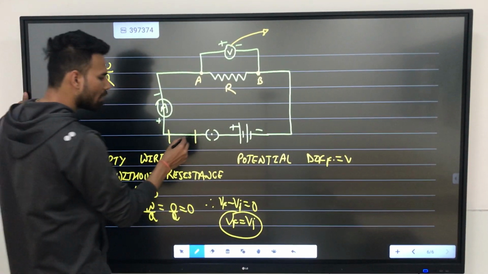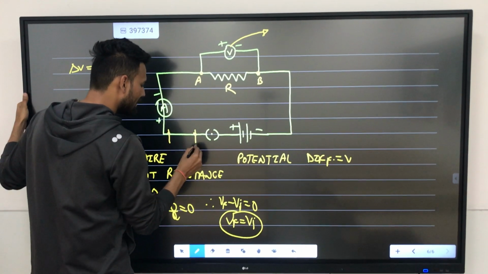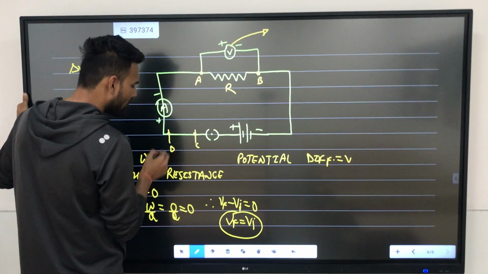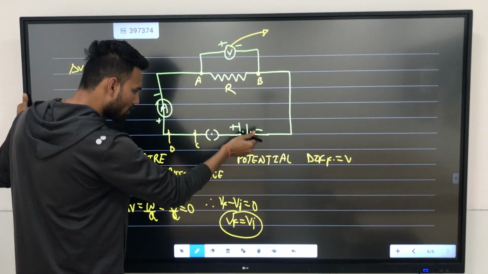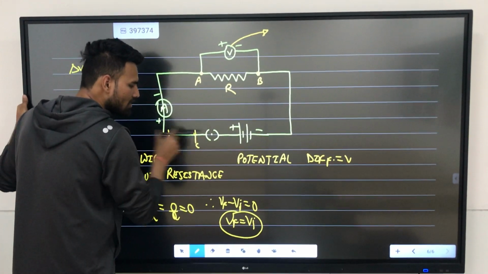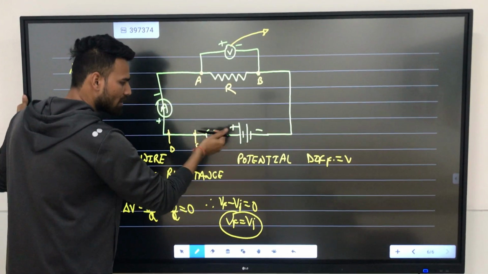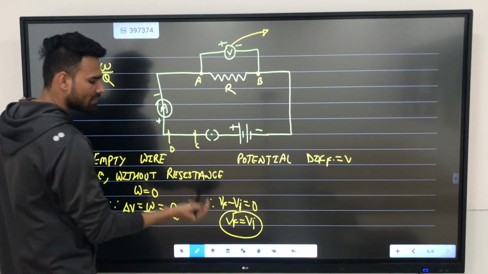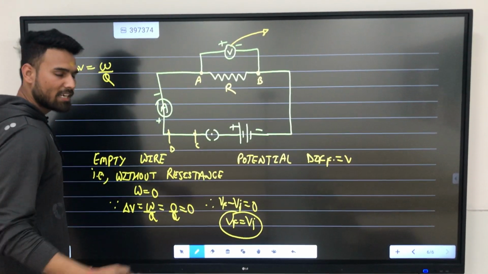Now, what does this mean, sir? If I am talking about these particular points, C and D, we can say that the initial point was C and the final point was D, because the electrons are being pushed in this particular direction, since the current is flowing in this direction. So the final potential will be equal to the initial potential.